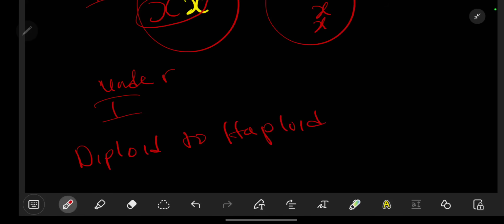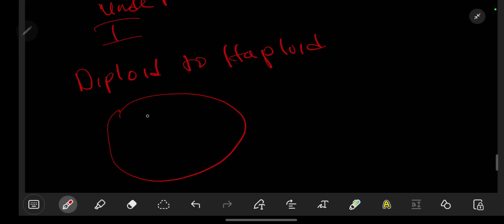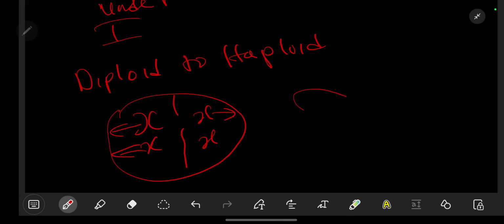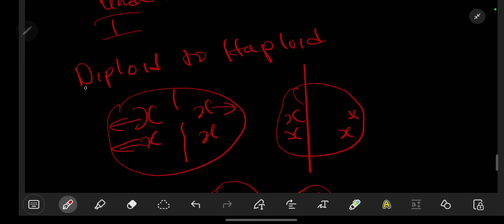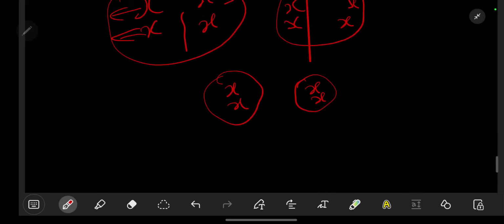If you look at how the cells are arranged like that, when they are moved apart in different directions and the cell is cut like that, we are going to have half the number of chromosomes. So this is the reduction of the state from diploid to haploid. That is under meiosis 1.